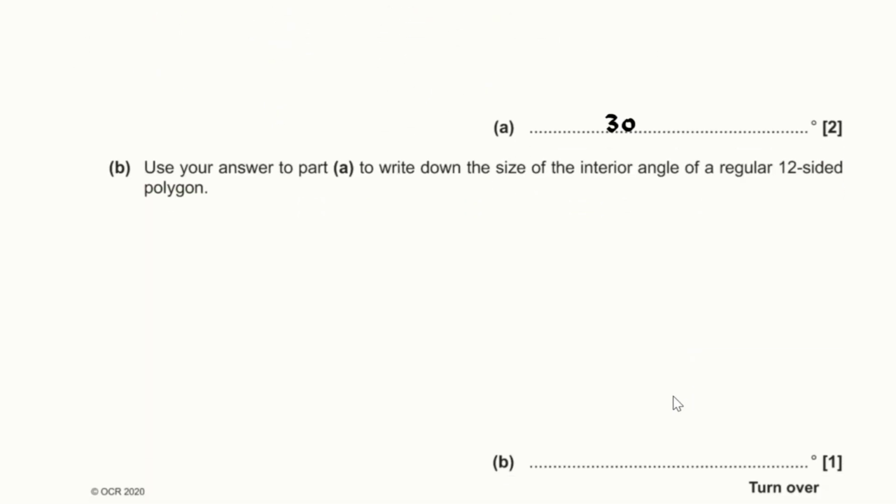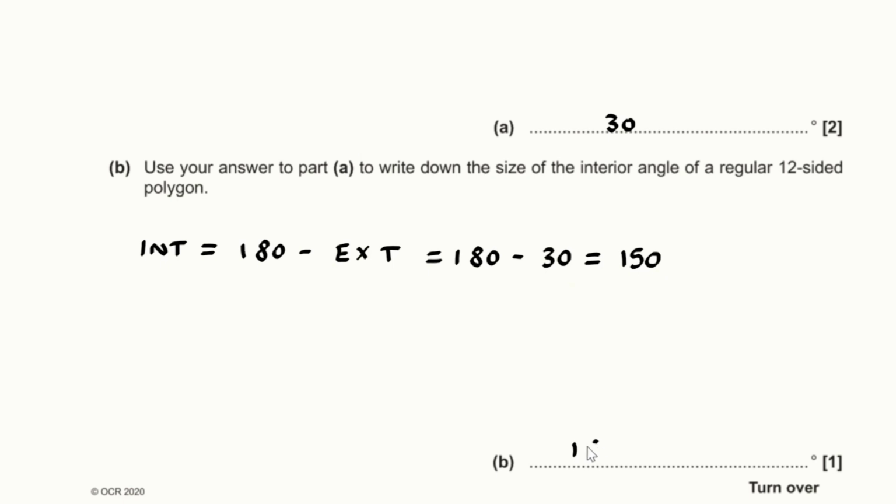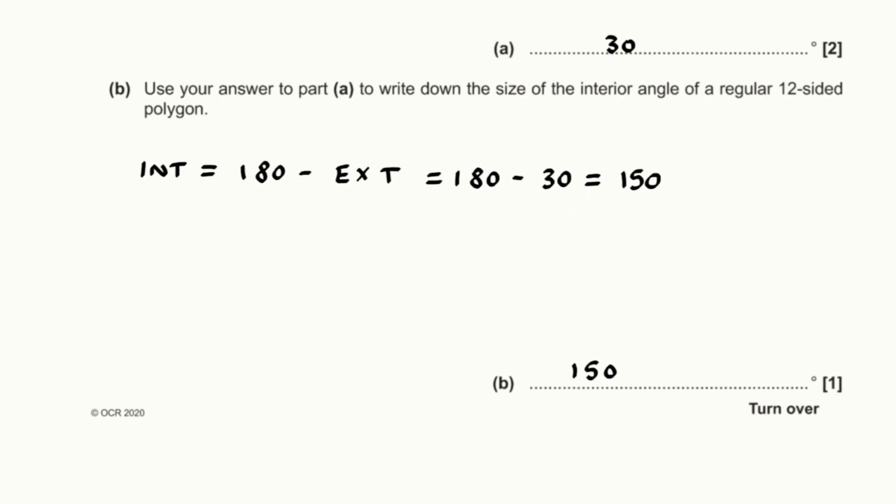And now the interior angle for part B, this is equal to 180 minus the exterior angle. So I've got 180 minus the 30, which is 150. So the interior angle is 150 degrees.